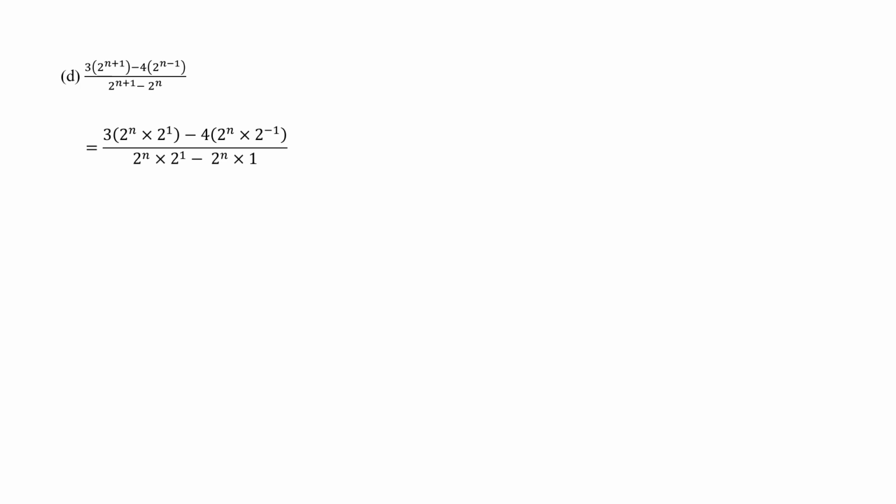So on the next step, we want to factor out this 2 power n. But before we factor it out, we are going to make the 3 multiply the 2, the 4 multiply that 2 power negative 1, and then we see what to do next.